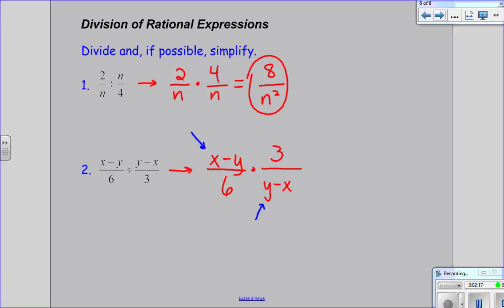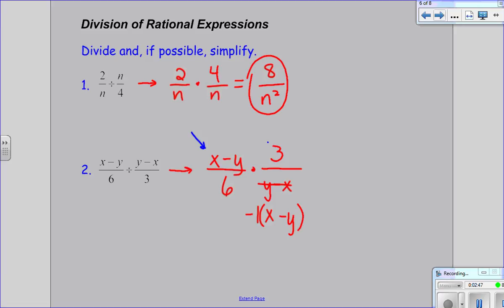So let's look at what that would mean. That would mean that if I factored a negative 1 out of y minus x, my positive y would become negative y, and my negative x would become positive x. I notice I rewrote the order, putting the x first, so that my first term was positive. And now, let's see what we can remove from these two fractions.